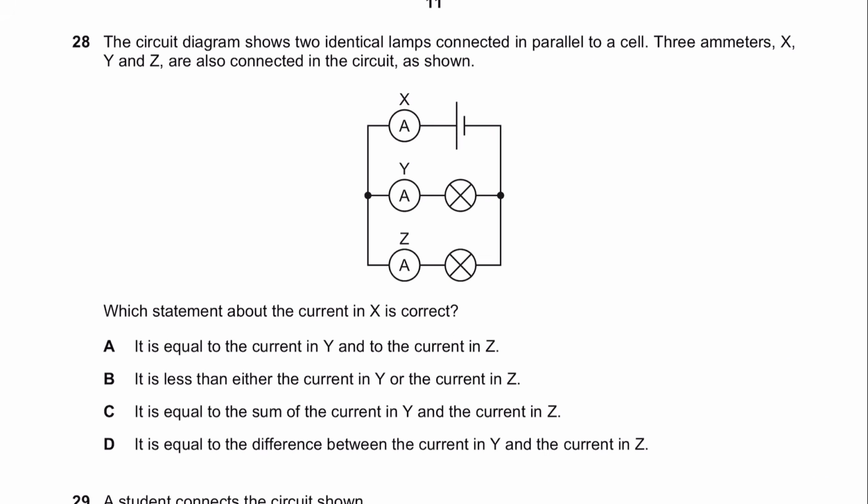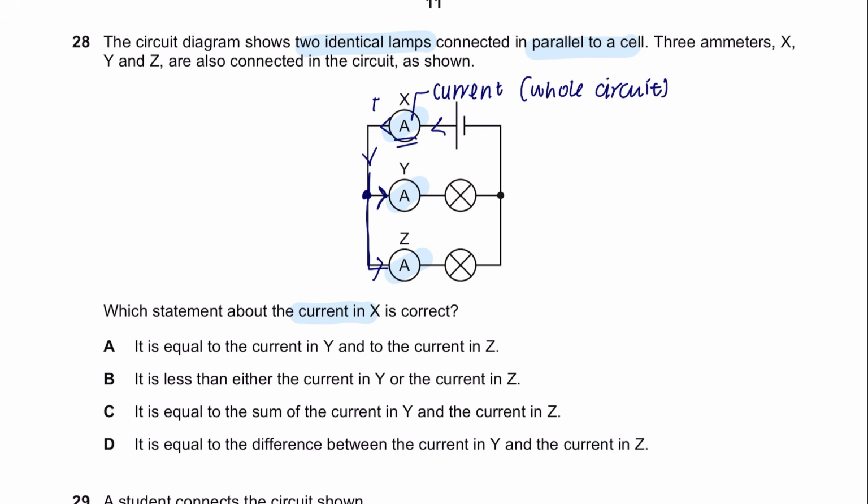Question 28. The circuit diagram shows 2 identical lamps connected in parallel to a cell. 3 ammeters X, Y, Z are also connected in the circuit as shown. Which statement about the currents in X is correct? The current flows in this direction. The ammeter here tells you the current for the whole circuit. After it reaches this point, it will split into 2.